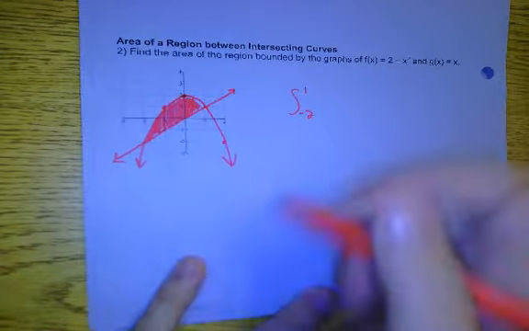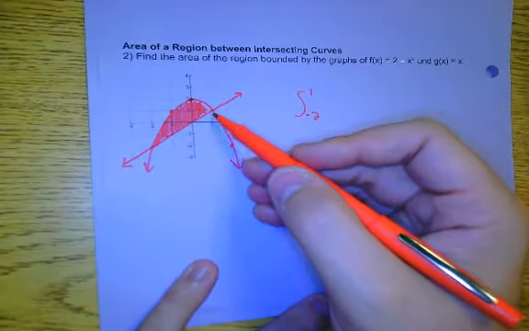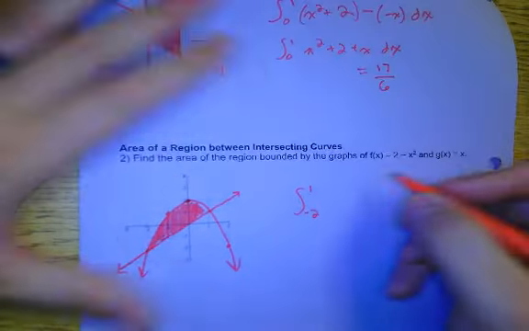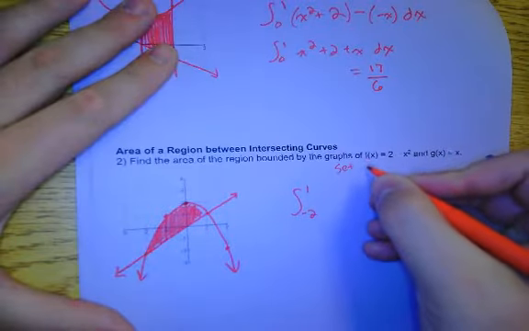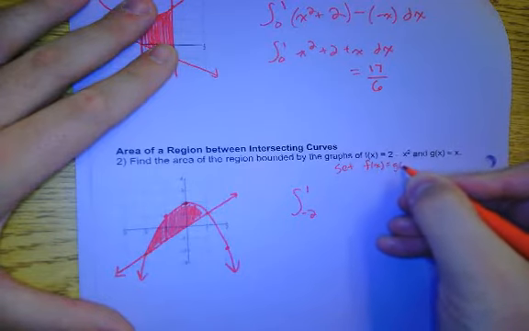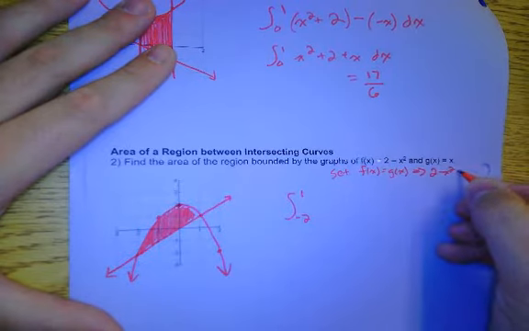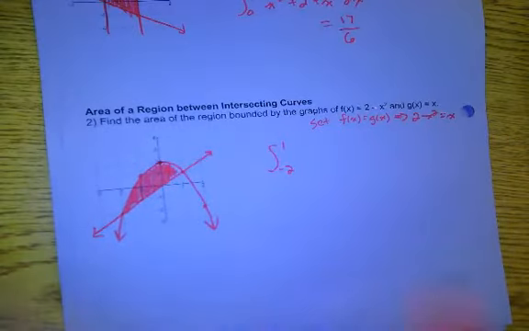Okay? There and it's there. That's graphically. If you had to solve this algebraically, all you would do is set f of x equal to g of x. So for this problem, you would do 2 minus x squared equals x, and you would just have to solve for it, and you get the bounds.